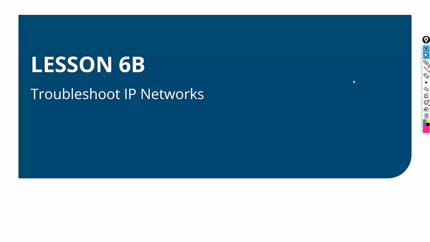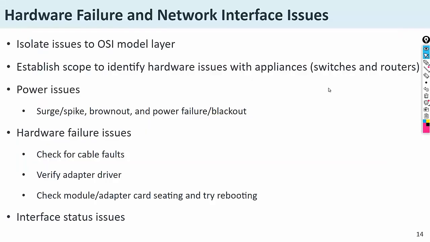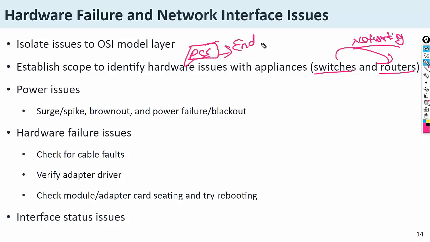If you are not able to reach the network, you are not able to communicate with the network device or the other end device, including the PC, including the switches, including the router. Switches and routers are networking devices, and the PC and the server are end devices.